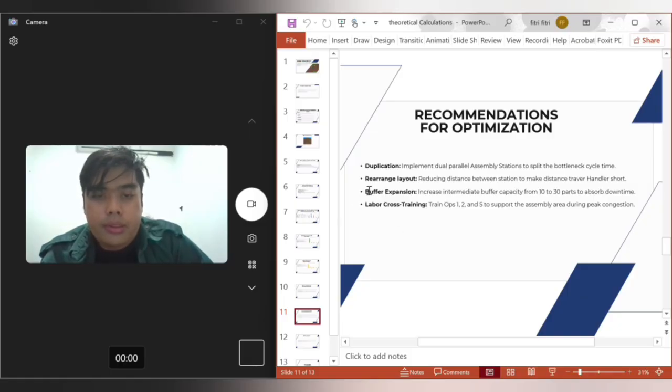Third, buffer expansion. Previously we used 10 parts per buffer, so we can increase the maximum to 20 parts that we can put in the buffer.